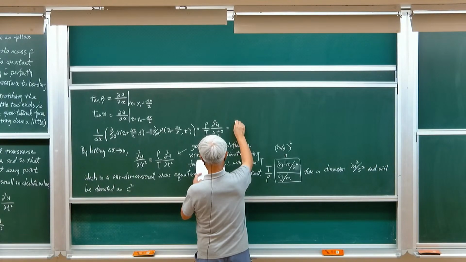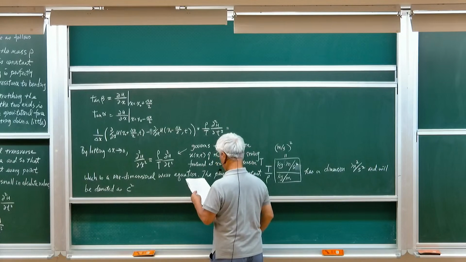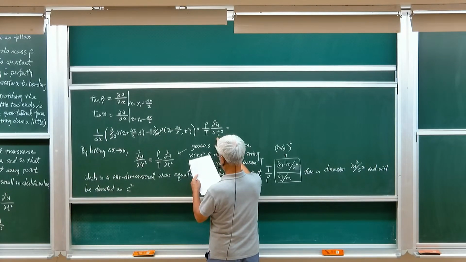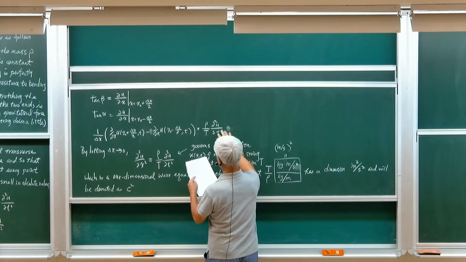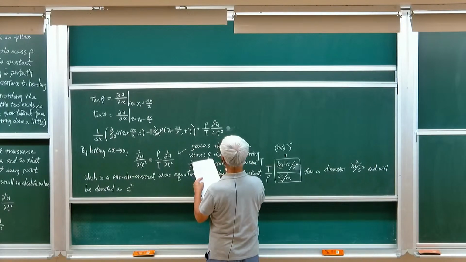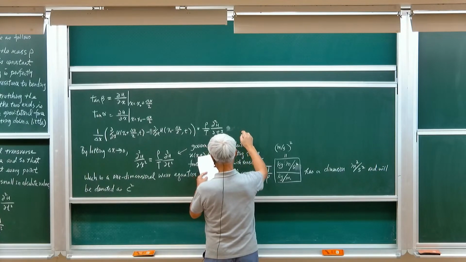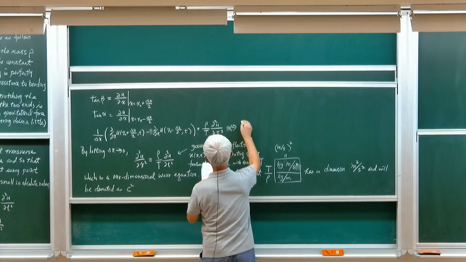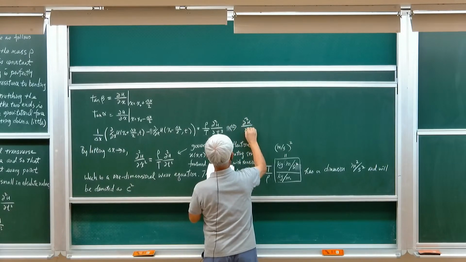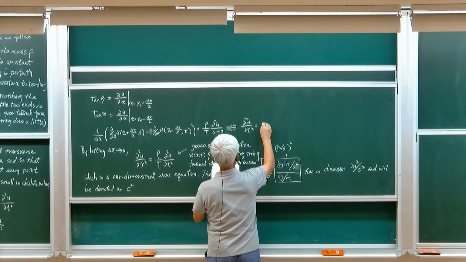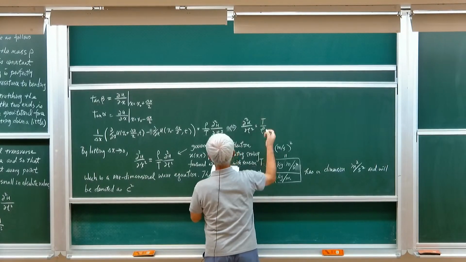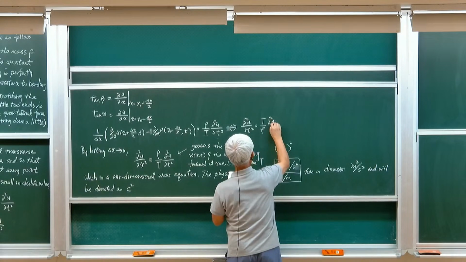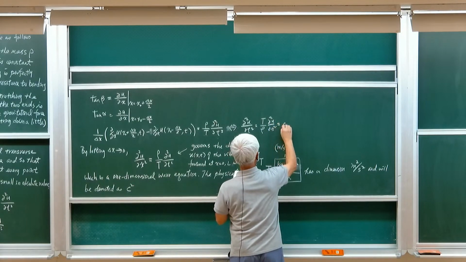So, is that correct? Yes, okay. So this is saying that T over rho is c square.